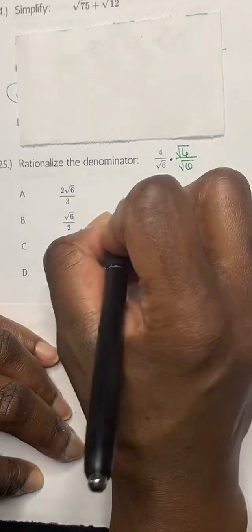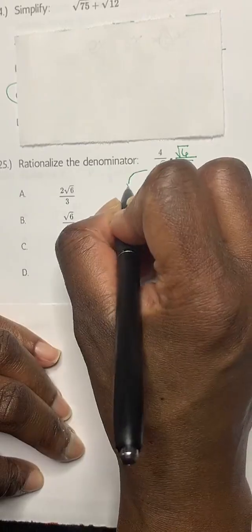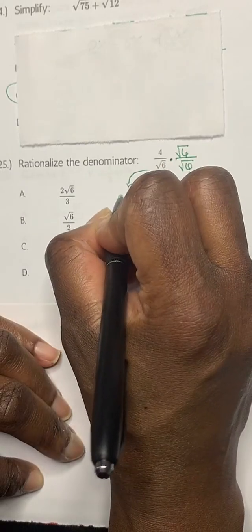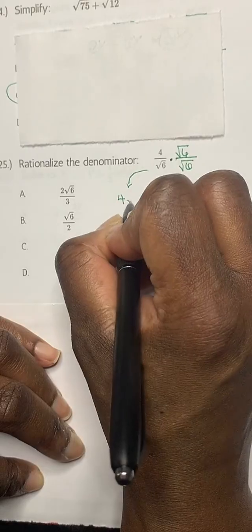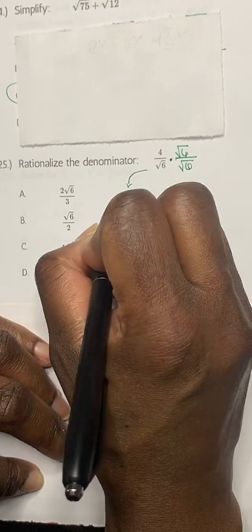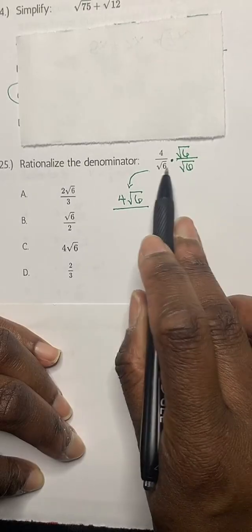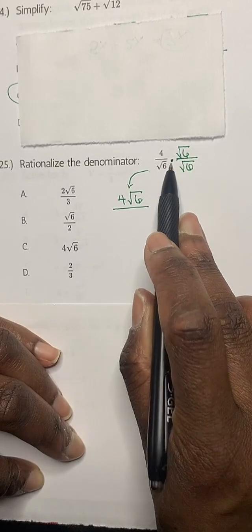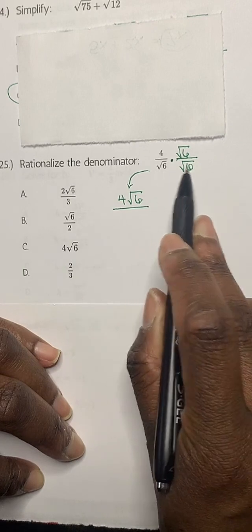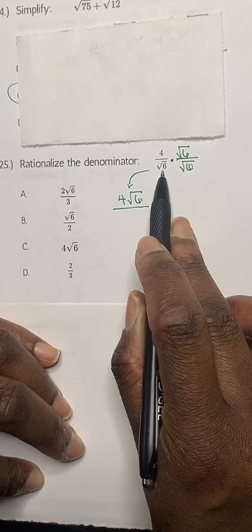So now it's going to look like this. Let me bring it down this way. So we have 4 times the square root of 6 over... Now, when you have radicals being multiplied, you can multiply what's called the radicand, the numbers.